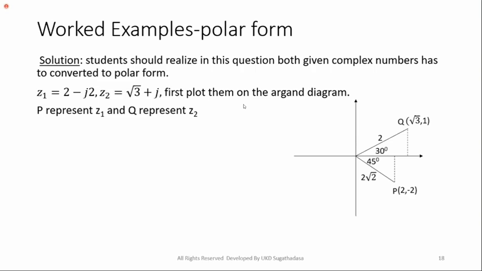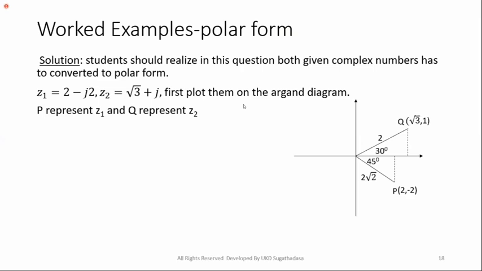First, as usual, plot the two complex numbers on the Argand diagram. See, 2 minus j2 is 2 comma minus 2, x is 2, y is minus 2. Z2 is square root of 3 plus 1.